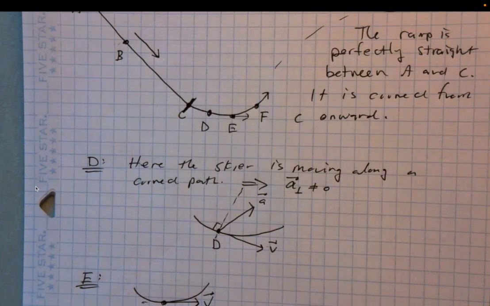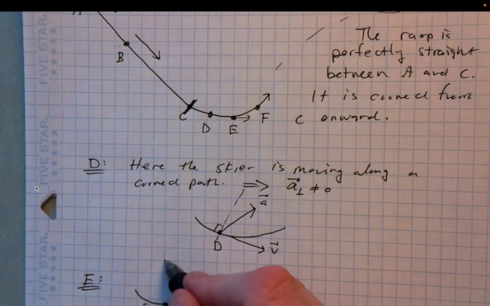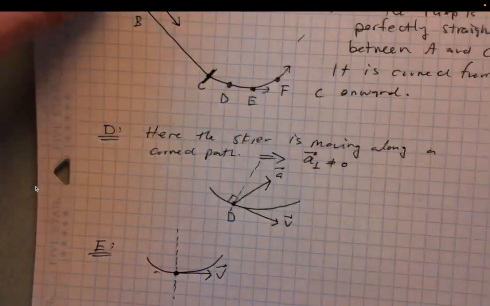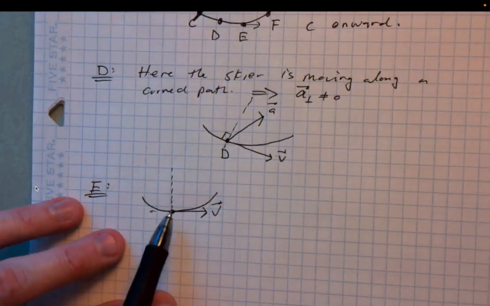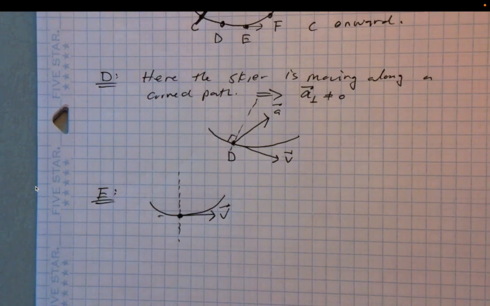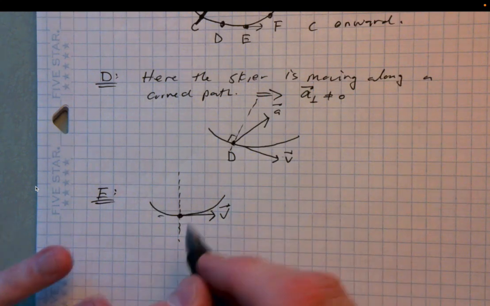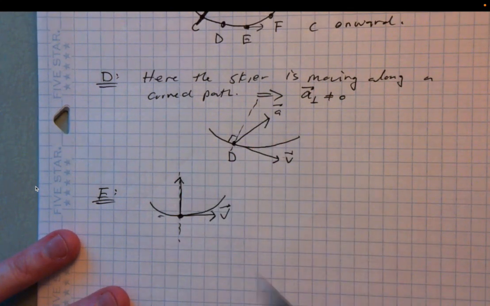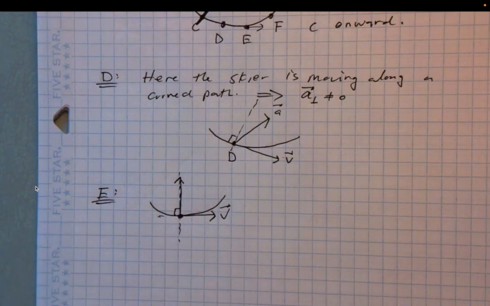My velocity looks like that, and so my perpendicular would be like this, and really my speed is instantaneously unchanging right at the bottom of the ramp. I haven't started going uphill yet, and I've just finished going downhill, so I'm no longer picking up speed due to gravity. I'm not yet being slowed by gravity, right? So what's really happening here is my acceleration is 100% perpendicular to velocity.